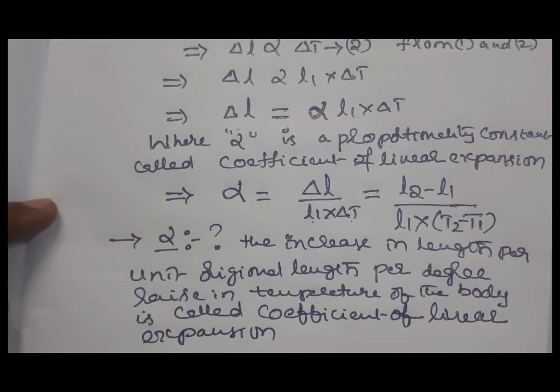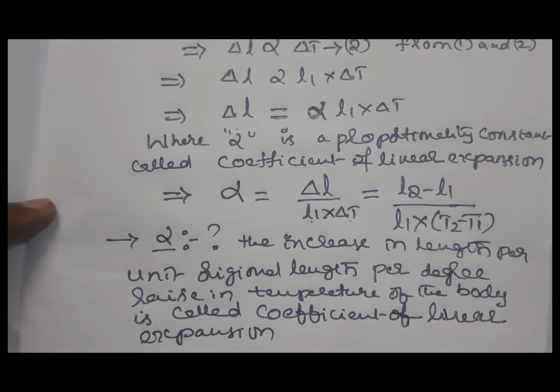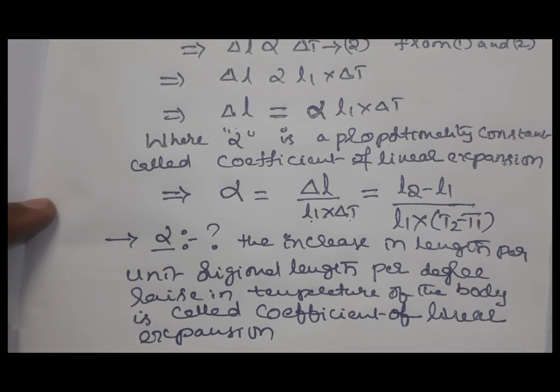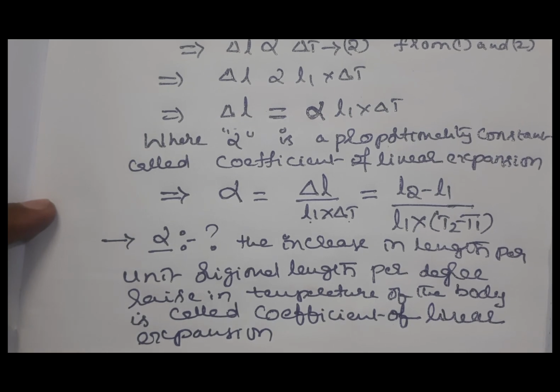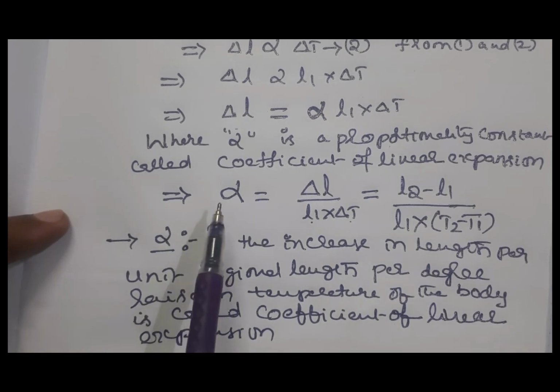So it means that per unit original length, on rising 1 degree Celsius or 1 Kelvin temperature, what is the increase in length in the solid? So it is called coefficient of linear expansion, denoted by alpha.